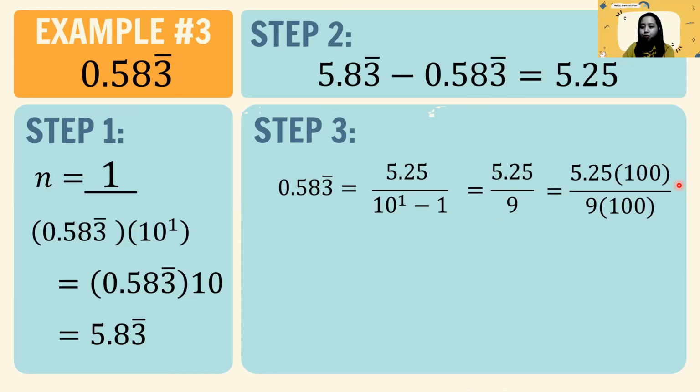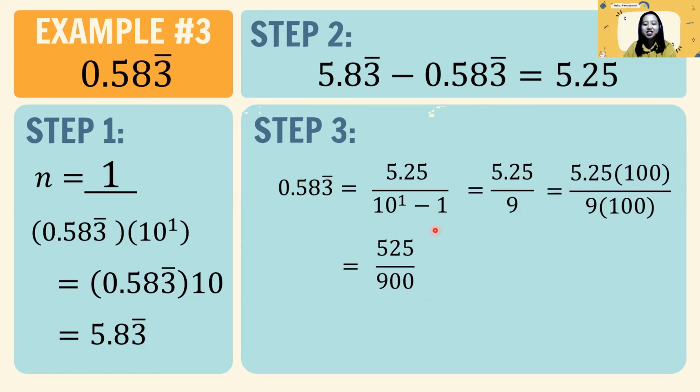So 5.25 times 100 all over 9 times 100. Simplifying this expression, 5.25 times 100 is 525, and 9 times 100 is 900. So is this the final answer?